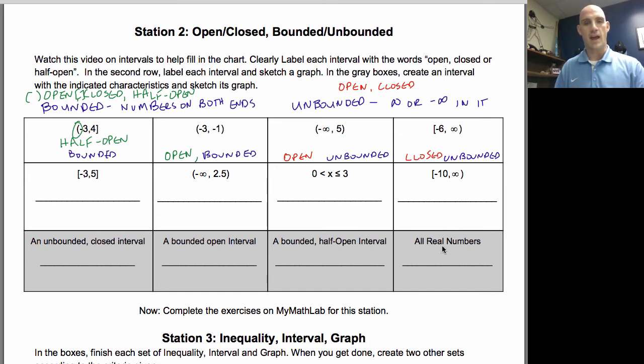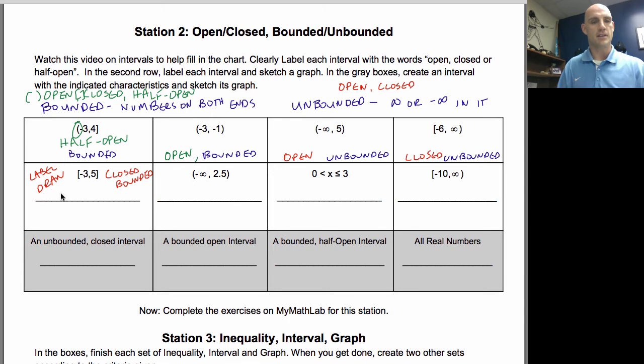In the next 8 boxes, what you're going to do is you're going to label and draw. Okay? So for example, in this one, this is closed and bounded. Right? Closed and bounded because it has numbers on both ends, so it's bounded. It's closed because it has these brackets here.